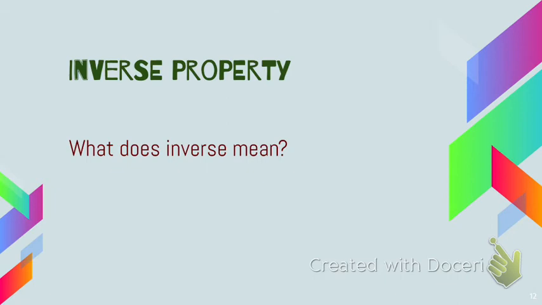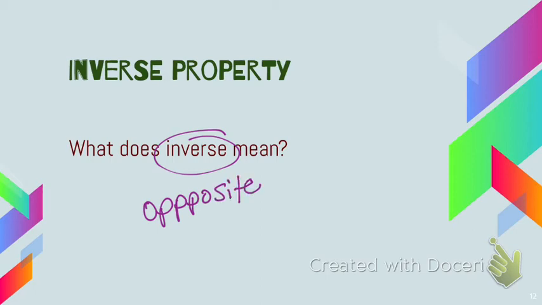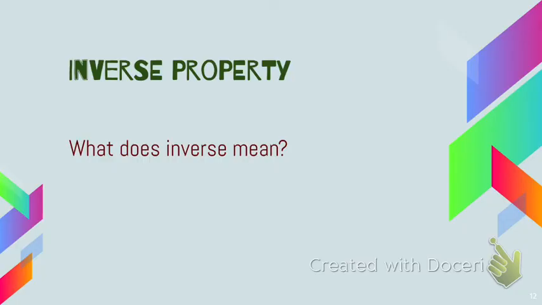All right. Inverse property. This one's such an easy one. What does inverse mean? And what if we said inverse operations? Oops, sorry. Inverse operations means opposite. Okay, inverse means opposites. So this means we use the opposites.